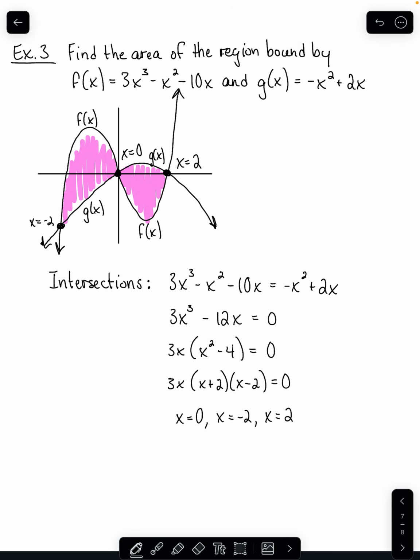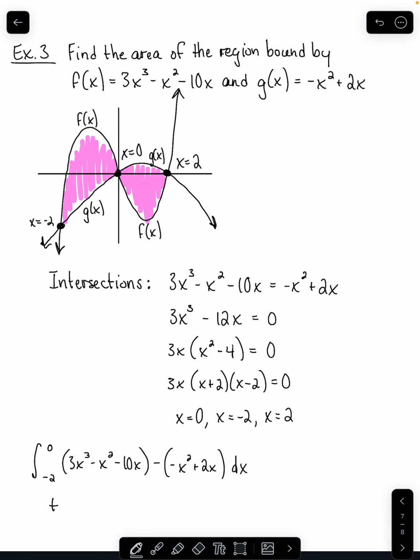So we will need to split this into two separate integrals, one for each region, where for the first region, from negative 2 to 0, it is the cubic function, 3x cubed minus x squared minus 10x, minus the quadratic function, negative x squared plus 2x, dx.